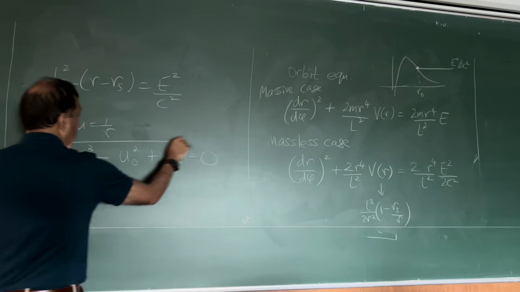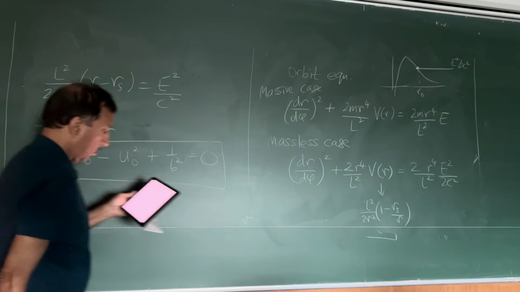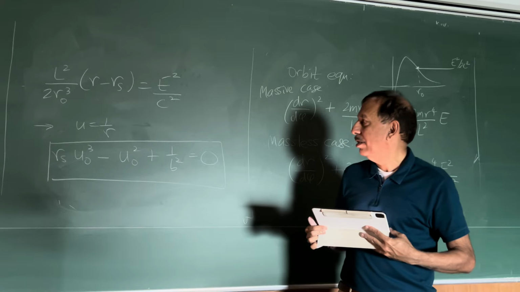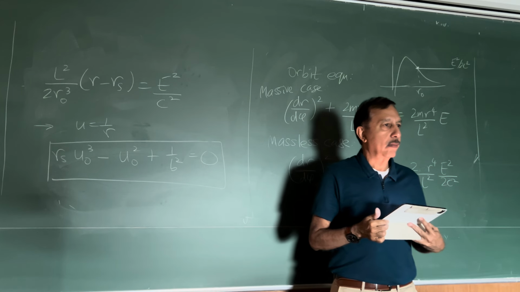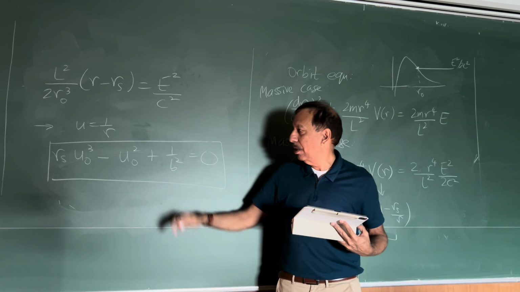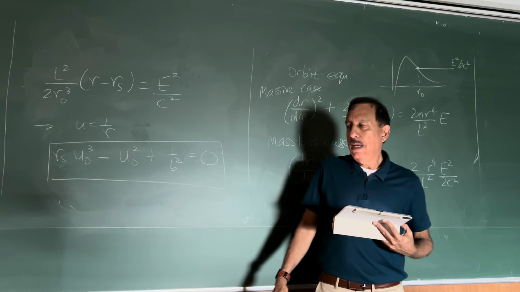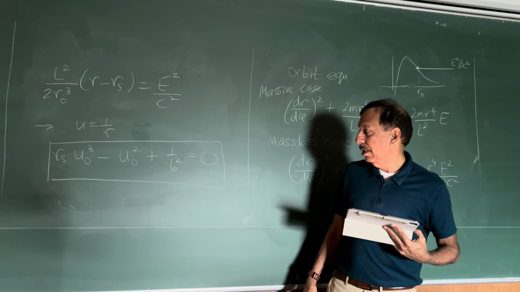This is the equation that determines the turning point. So the solution of this equation is U0. It's a cubic equation. If it was a quadratic equation, I would be able to solve it readily, explicitly. But it's cubic, that makes it a bit harder.